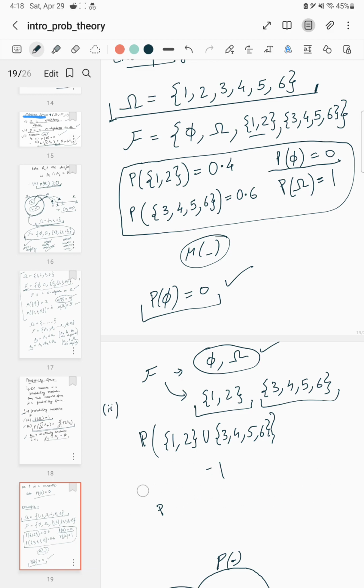Hence the probability function P is satisfying all the conditions of being a measure. Hence this is a valid measure.